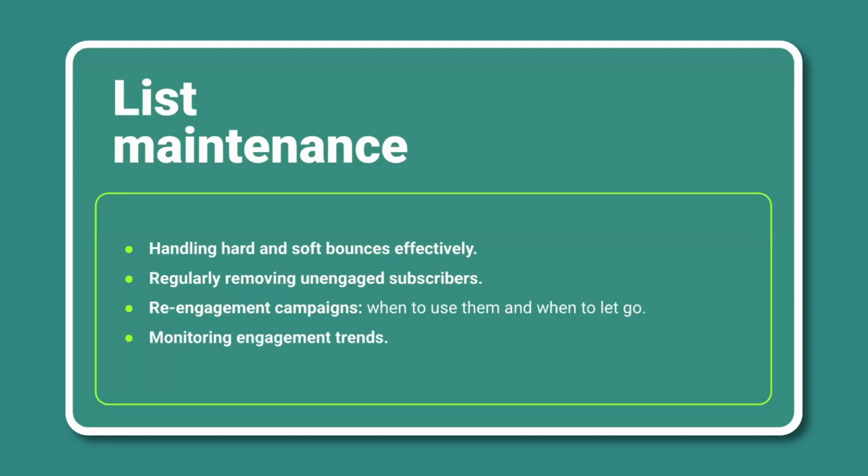Yeah, and what else do we have? Monitoring engagement trends. As I mentioned, exact numbers are no longer as relevant as they were, talking about opens and clicks here, because on one hand you have Apple and Google privacy protection policies that do not display some opens and clicks, but on the other hand you have what we call bot opens and clicks, or non-human interactions.